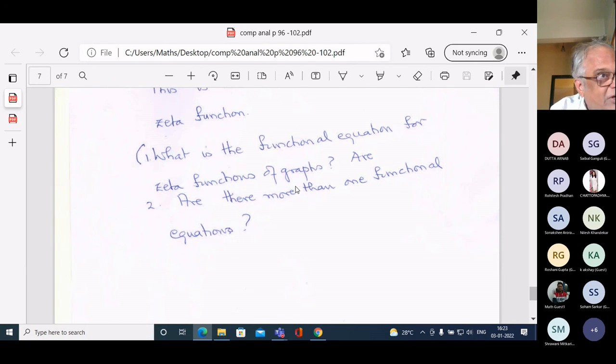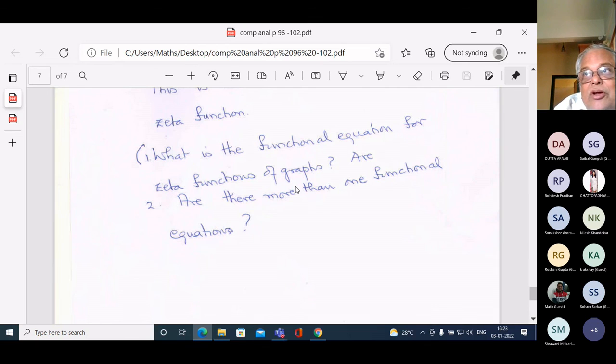And the difference also, remember, is that when you're talking about graph theory for regular graphs, we had more than one functional equation. And I really don't know if there are other functional equations that the classical zeta function satisfies.